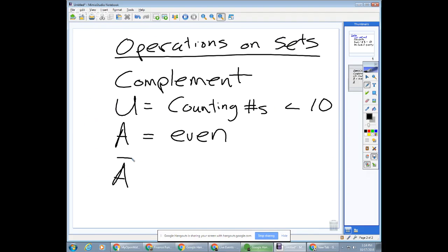It's one way to do it. Sometimes you'll see A with a little c next to it. Depends on what book we're looking at. And that means everything that's not in A, in whatever your universe is.